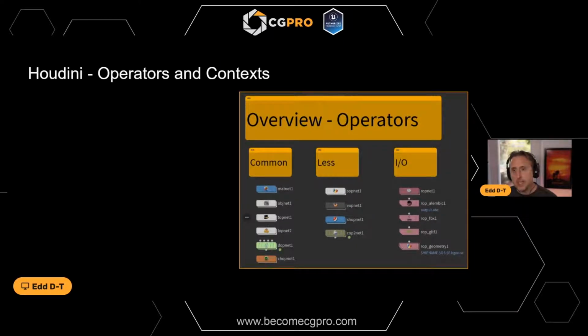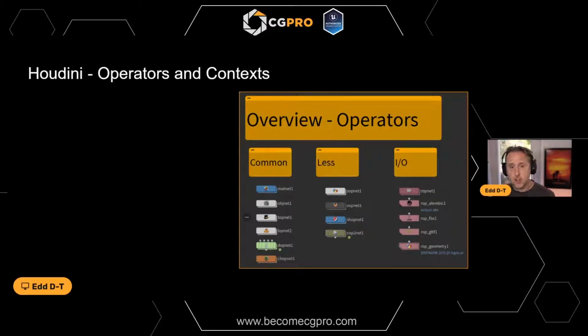So within Houdini, we've got the idea of operators and context without overcomplicating it. The idea of these contexts is that you're doing different kinds of work. There are contexts for each of those types of work. The major context you're probably going to spend most of your time in is SOPs.